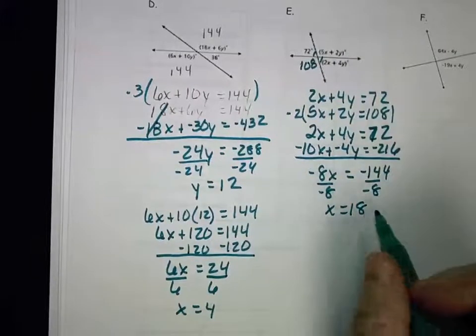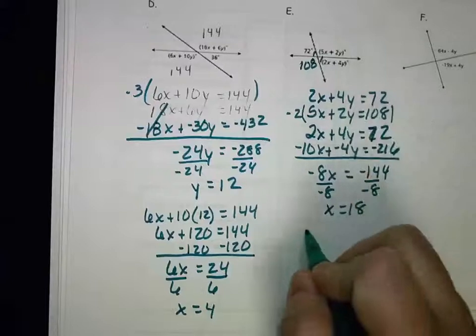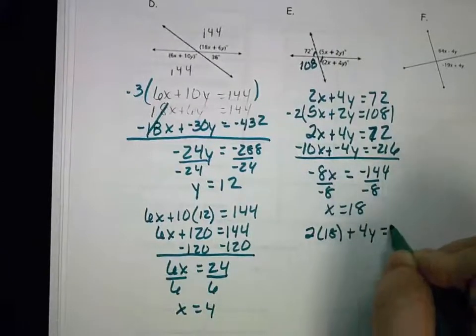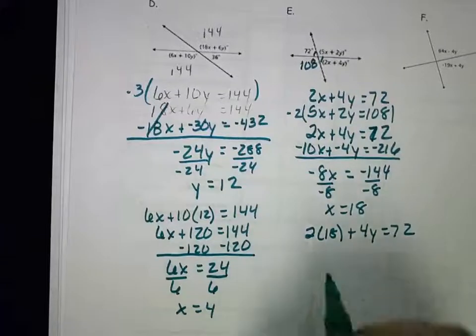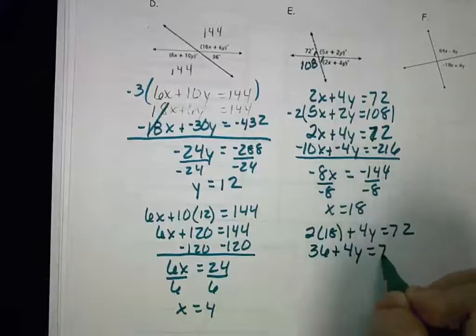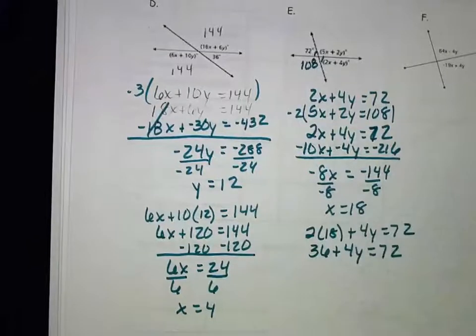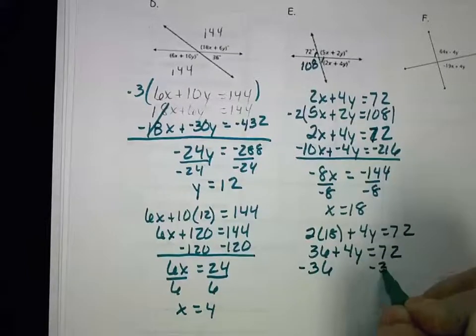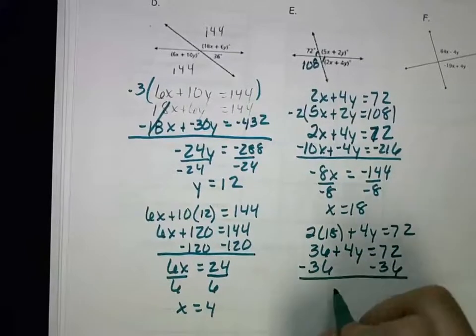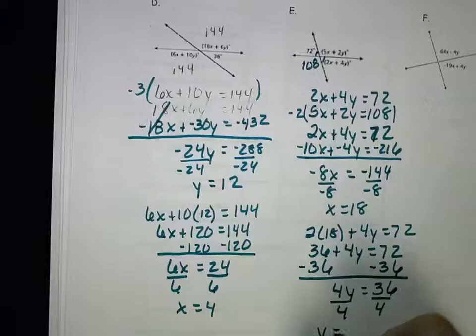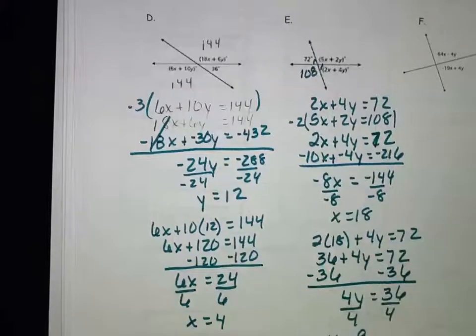And I'm going to substitute that into the first one. 2 times 18 plus 4y equals 72, which becomes 36 plus 4y equals 72. Subtracting 36 from both sides, you have 4y equals 36. And when you divide both sides by 4, y equals 9.